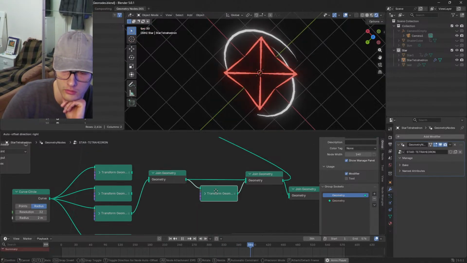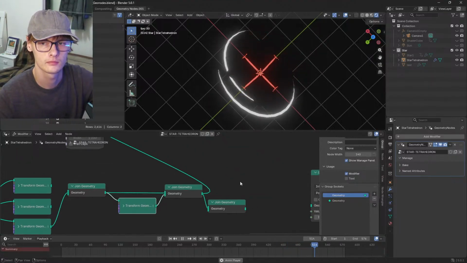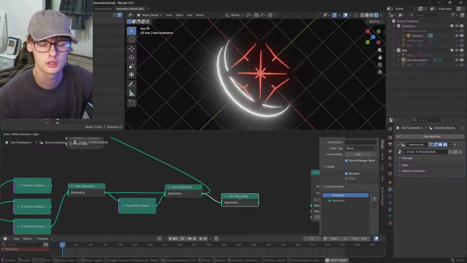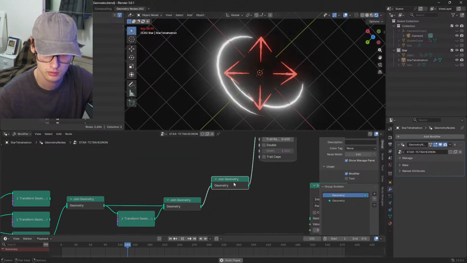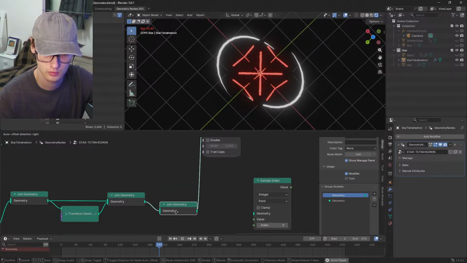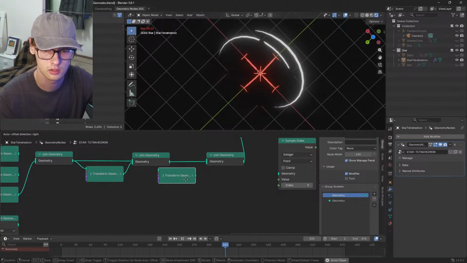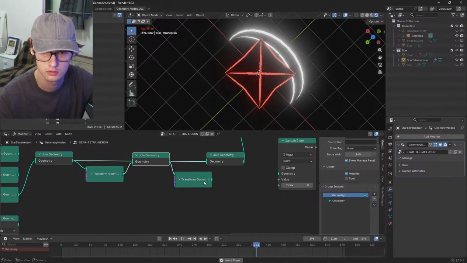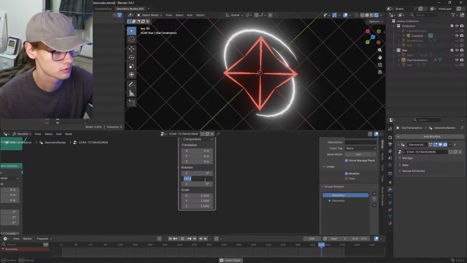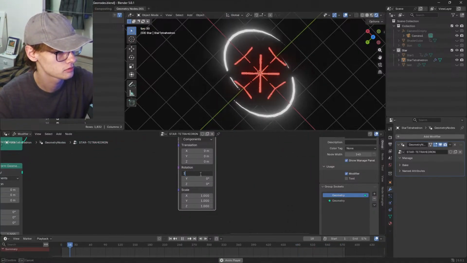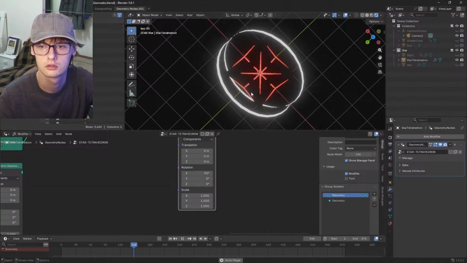So I could probably do another transform geometry thing. This time 180 on the x-axis, maybe? Or 90. Interesting.